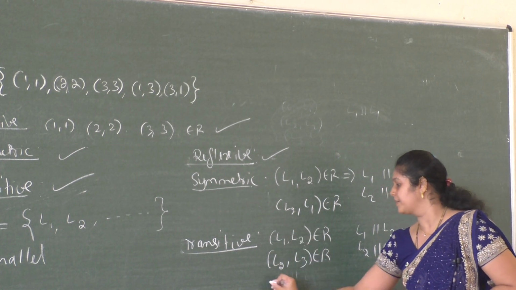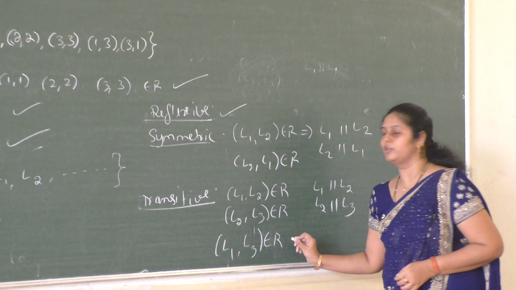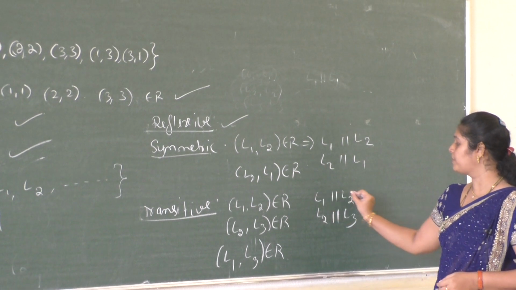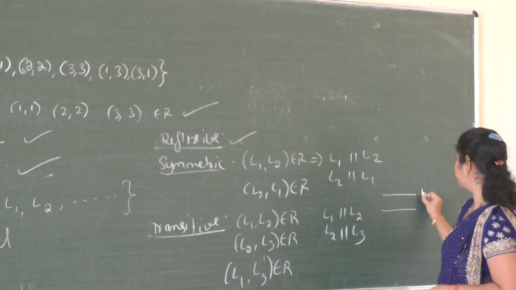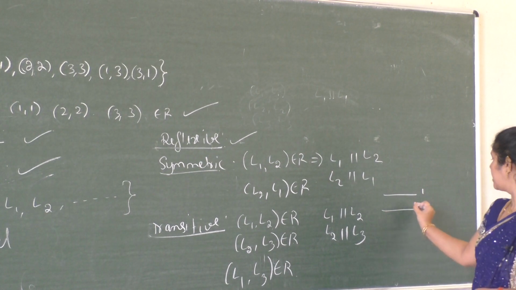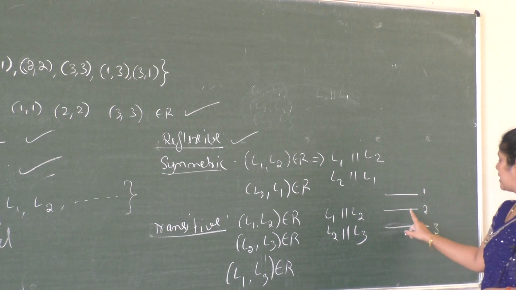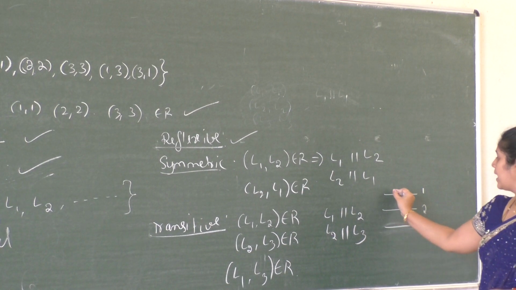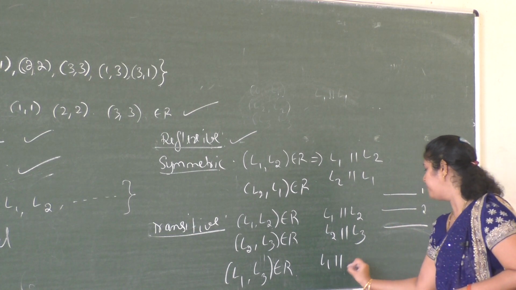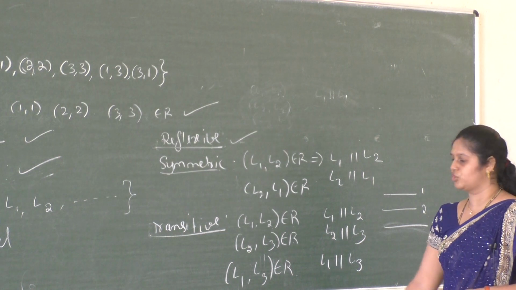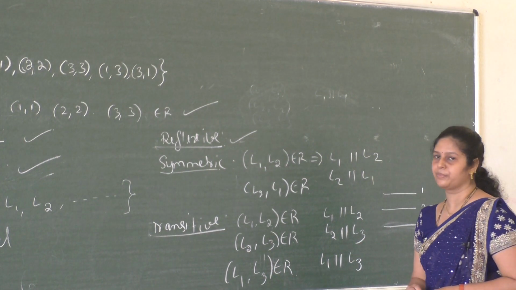That implies (L1, L3) also belongs to R, because L1 is parallel to L2 and L2 is parallel to L3, which means L1 is parallel to L3. So therefore (L1, L3) also belongs to R.